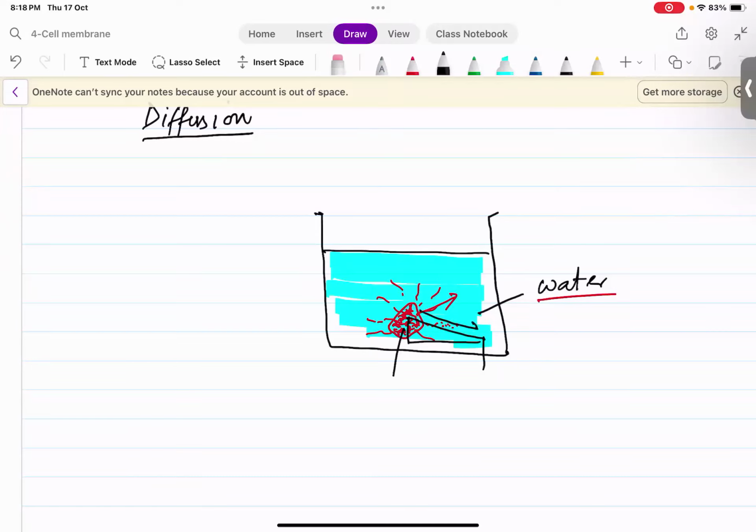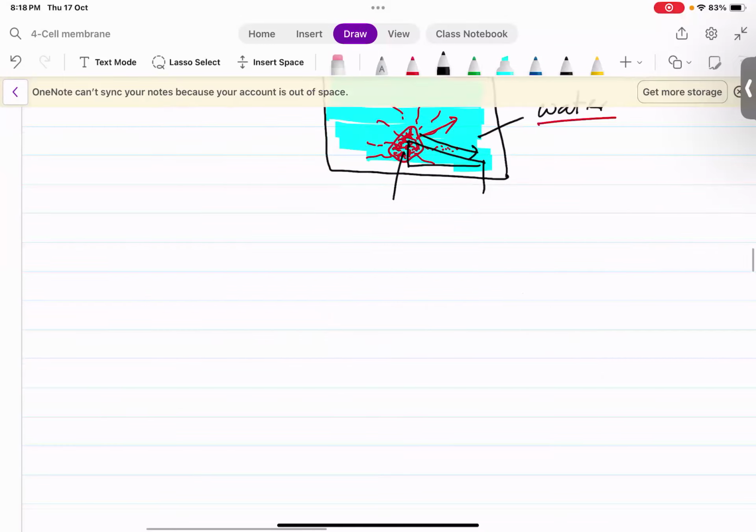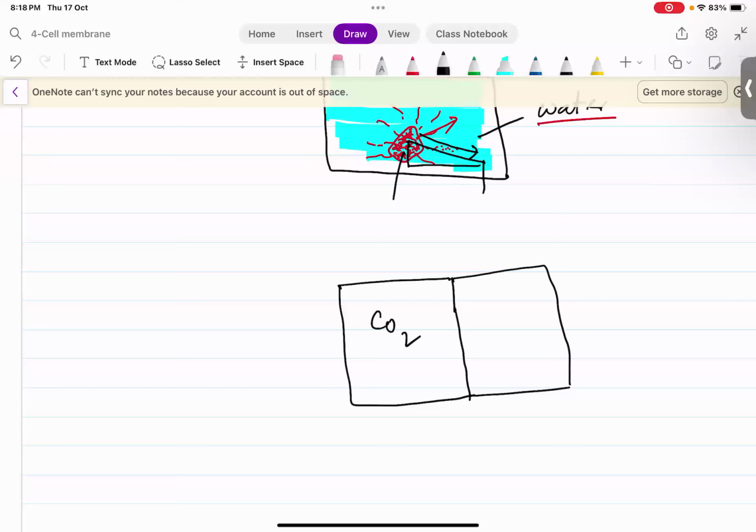Similarly, if we take two jars, one is filled with carbon dioxide, and the other is filled with maybe hydrogen, for example.